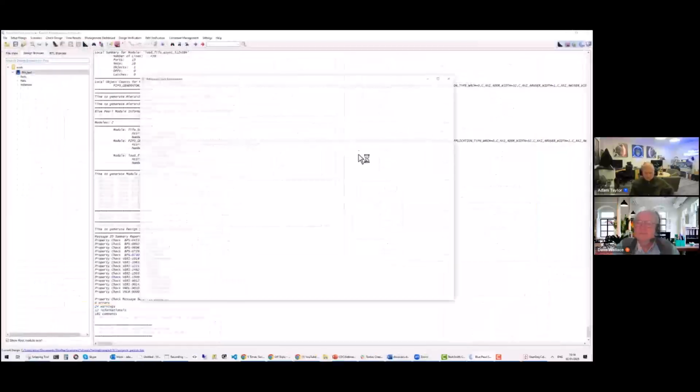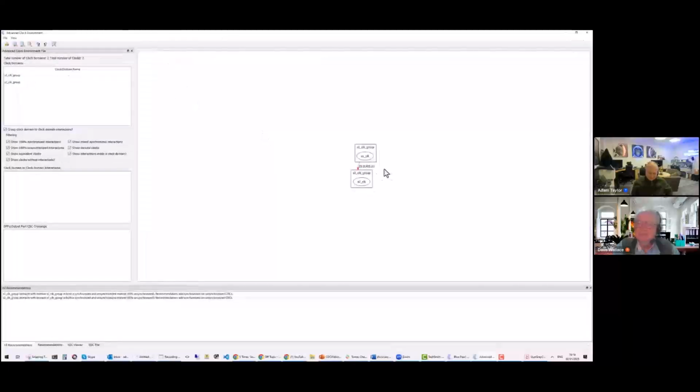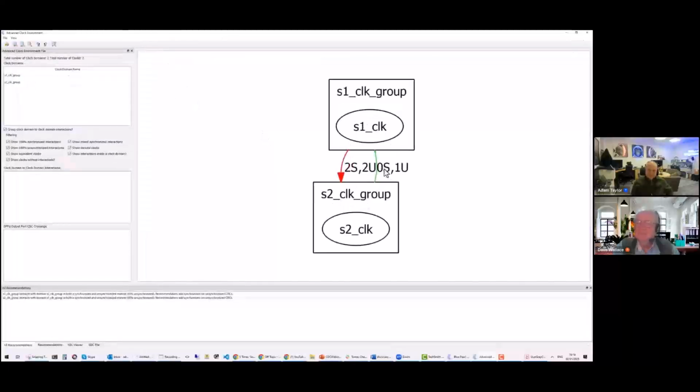But one thing to further show you is the advanced clocking environment, which becomes available once we have done that loading. And this, as Dave said, is the environment that we use to set up and ensure that our clock domains are described correctly before we go on and do our CDC analysis. So in this instance, anything that is a square is a clock domain.